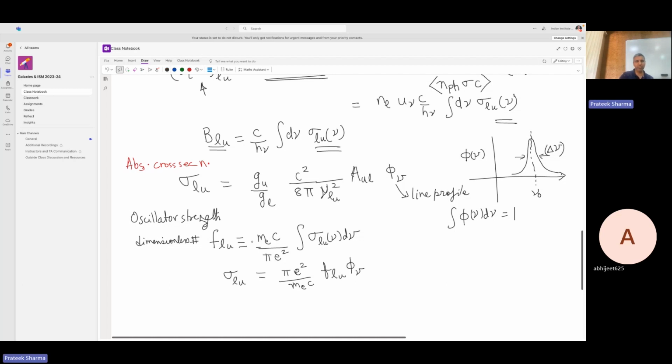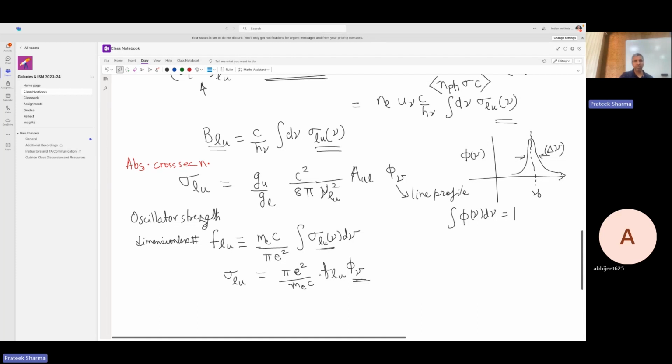Just from this equation, we can relate sigma_LU and f_LU in this way. So this is the frequency dependence.